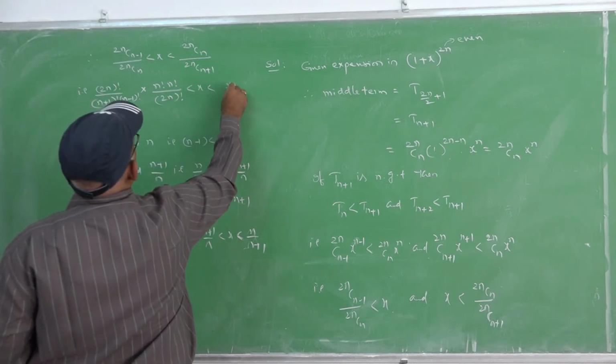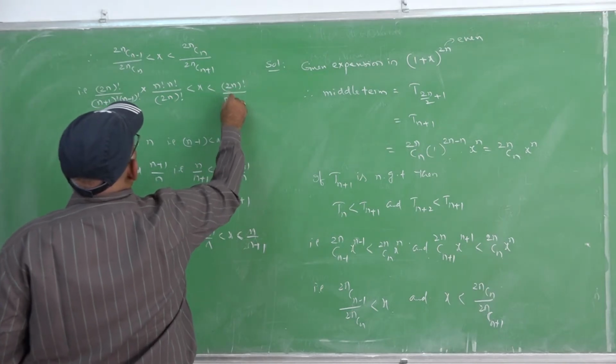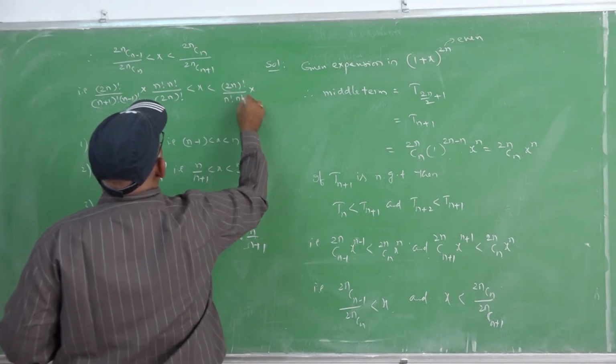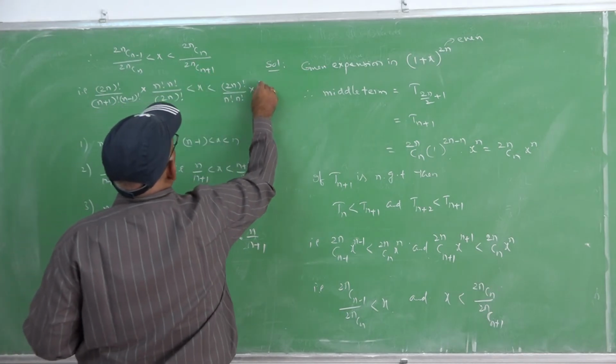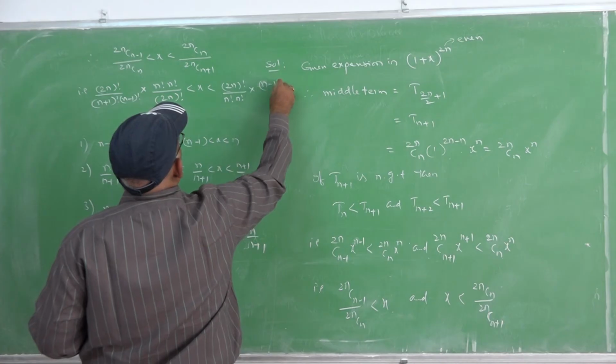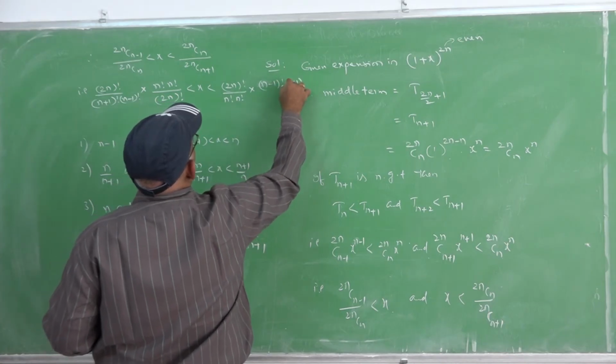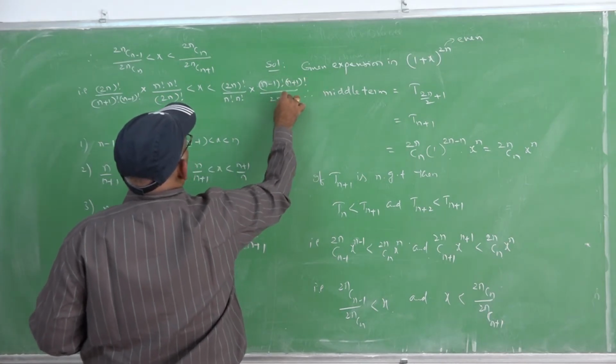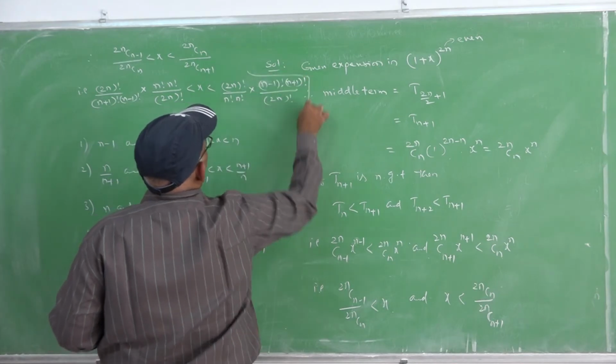Similarly here, evaluation of the binomial coefficients, 2n factorial by n factorial into n factorial, into this one is 2n minus n, that is n minus 1 factorial into n plus 1 factorial by 2n factorial. Okay.